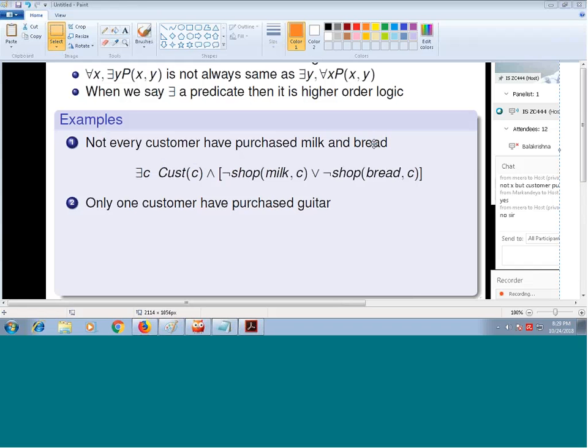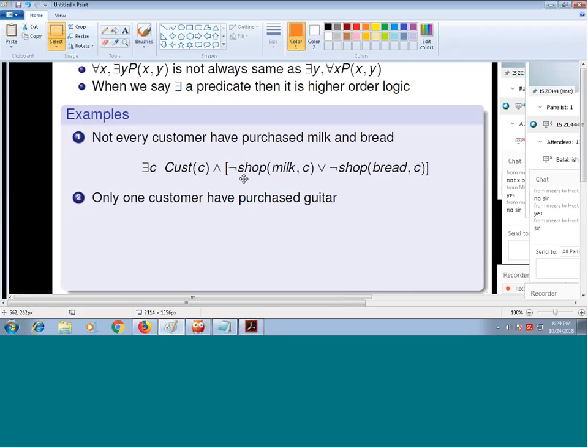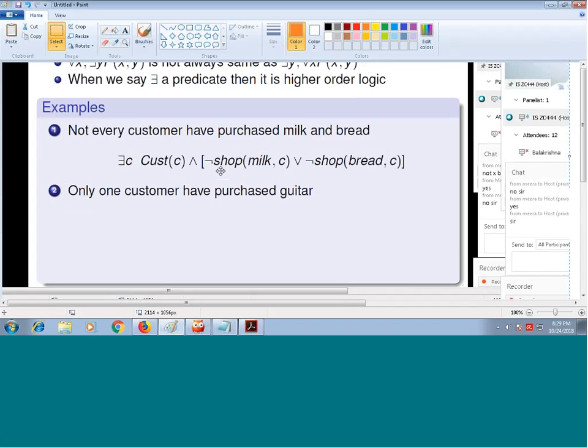If every customer had purchased milk and bread, we could write that he has shopped for the milk and he has shopped for the bread, but this is not the case. Another way to write the same thing is this. I think it would be better for you to understand that it is the same thing.